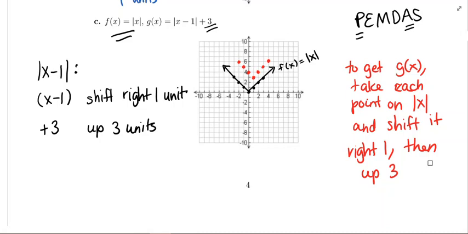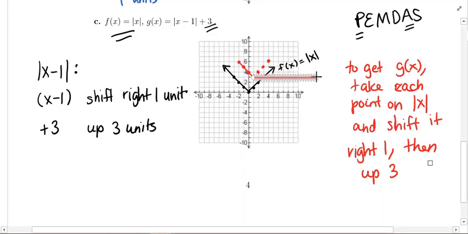So here comes the final graph. It's going to look like this. We just connect the dots with the same basic shape. Make sure this has a sharp corner at the point (1, 3). Then let me extend it this way.